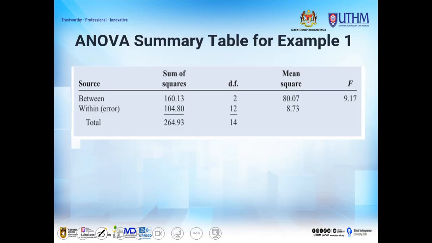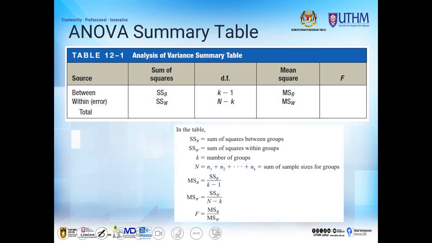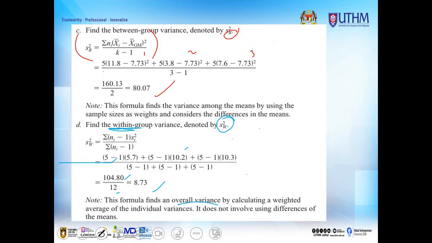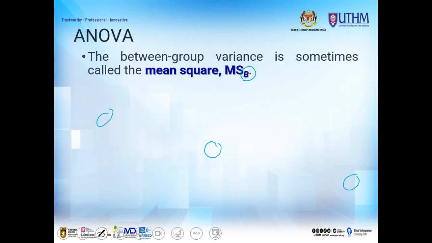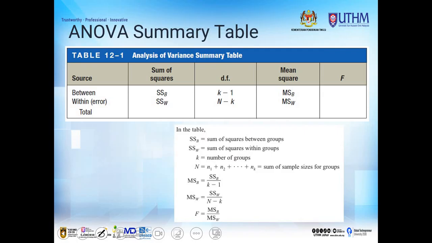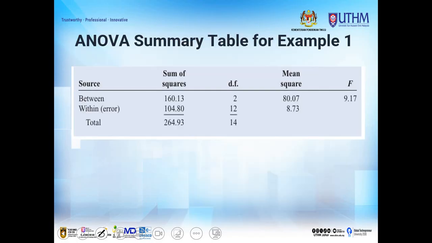Between is 160.13, that is the sum of squares, and next will be your within, which is 104.8. Because it's just a sum of squares, there is no division.